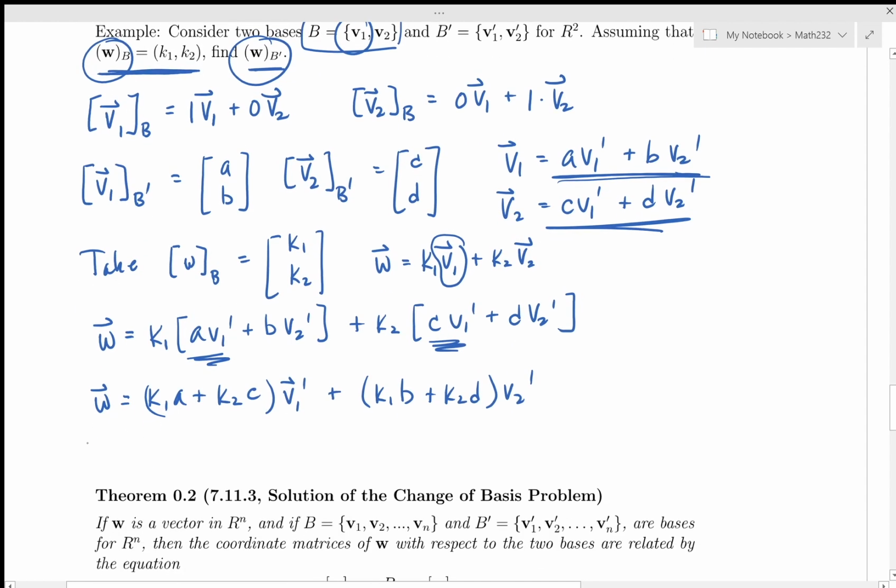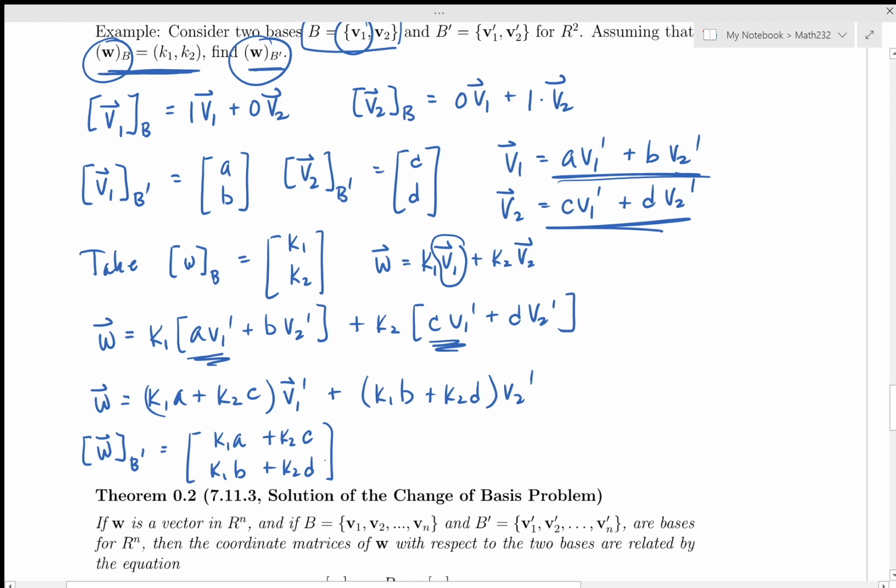That means that w referenced to B prime is (k1 a plus k2 c) and (k1 b plus k2 d).